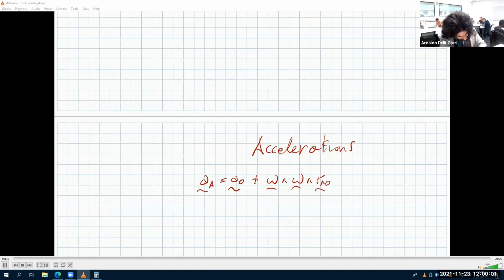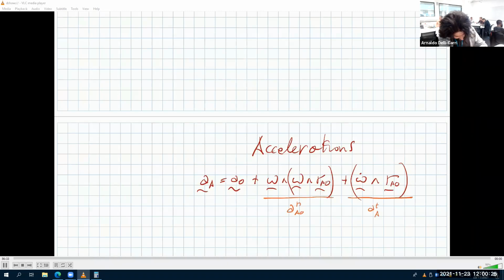Remember, this is the centripetal acceleration, plus the tangential acceleration. This one is what we call AN AO, and this is what we call AT AO.